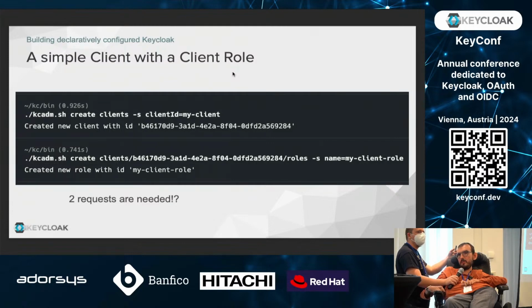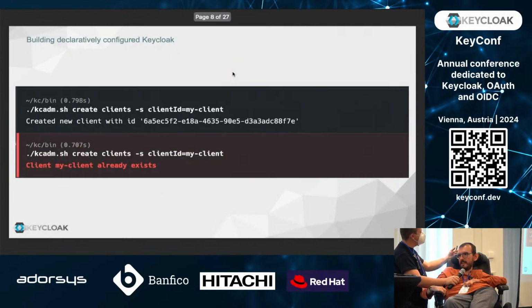I have to do a second request, a completely different endpoint. And I also have to leverage the result of the previous request to specify the UUID of my newly created client. So for a simple thing like a client and an associated role, I have to do two requests. Not ideal.